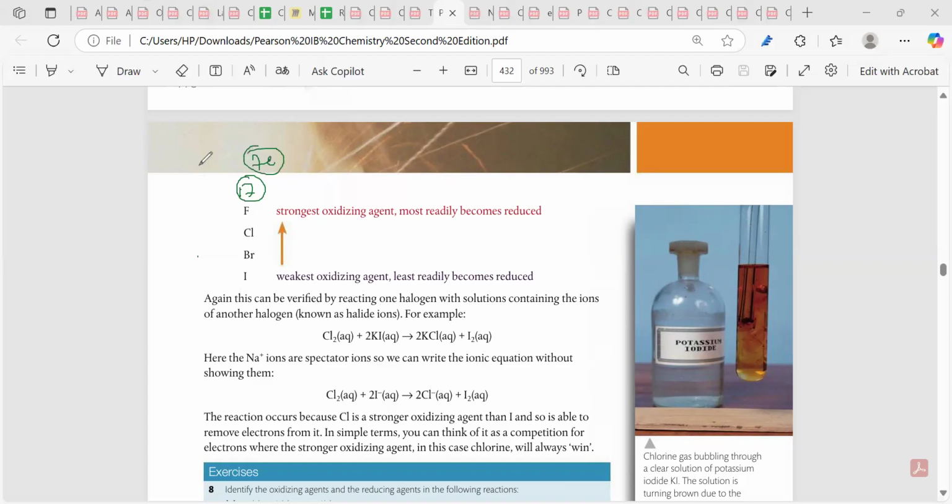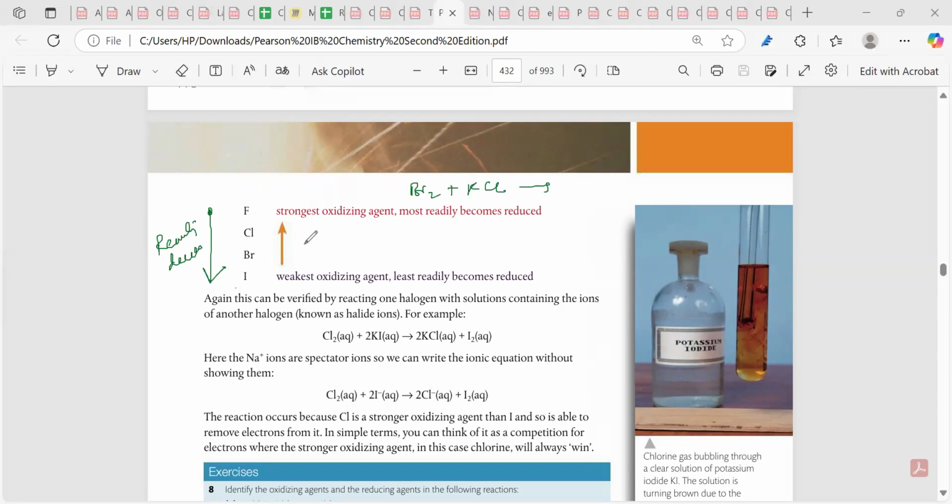It will accept one electron, gaining electrons. Now, as we go from top to bottom, the reactivity decreases, right? Clear? So if we are adding bromine plus KCl, will this reaction happen?